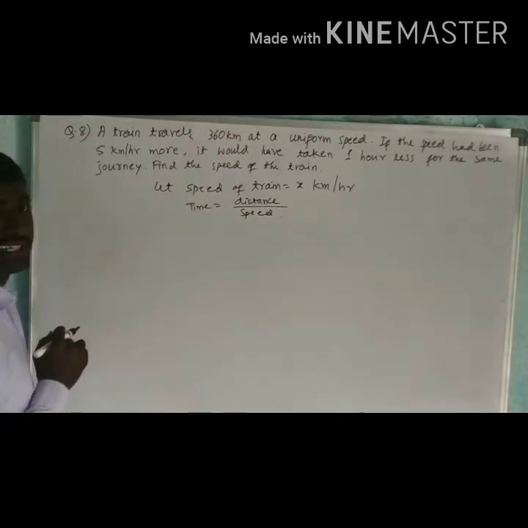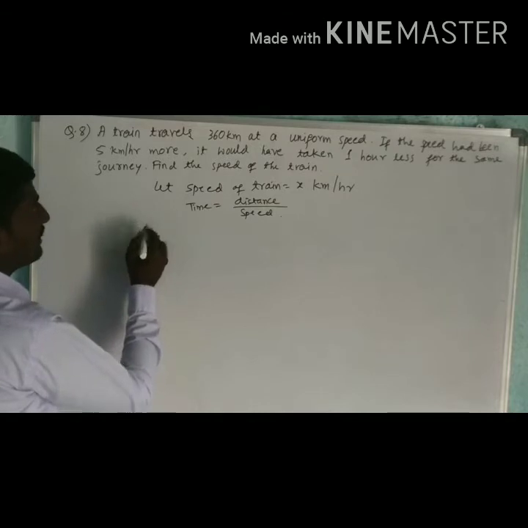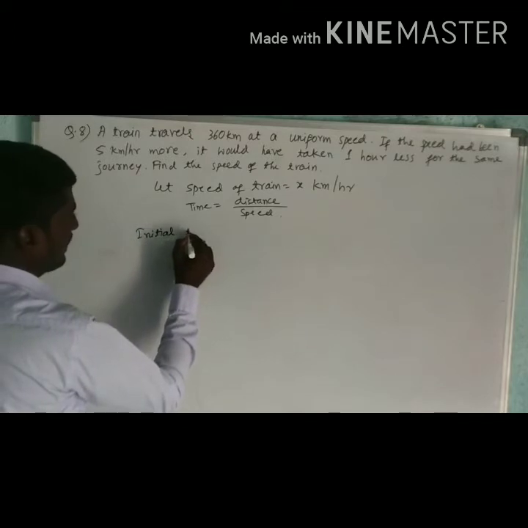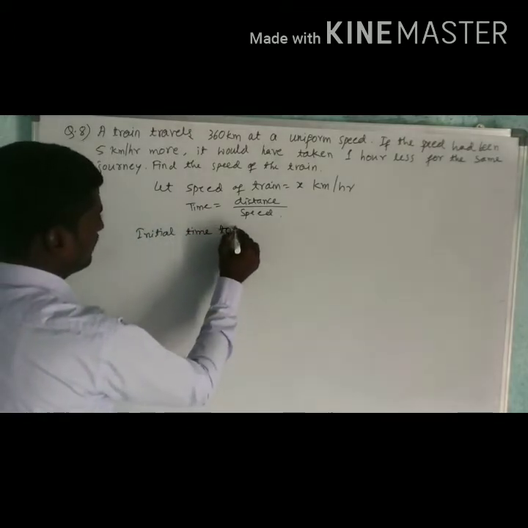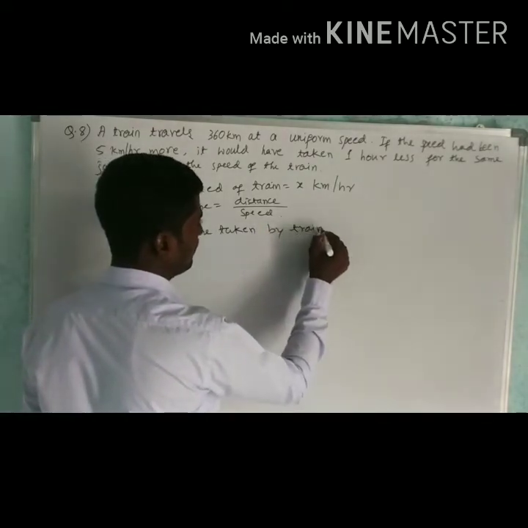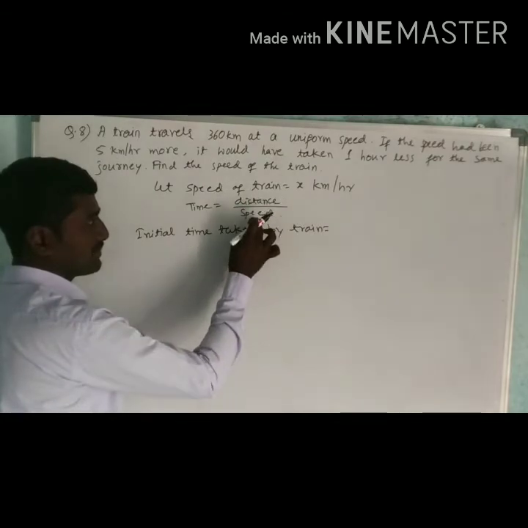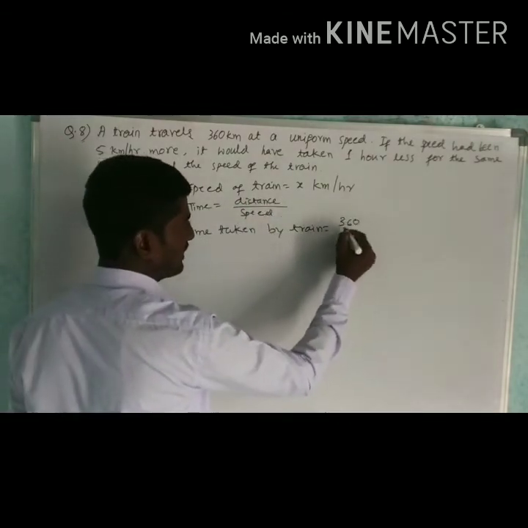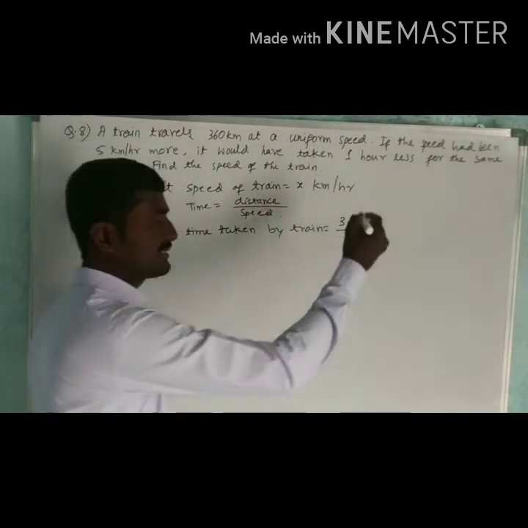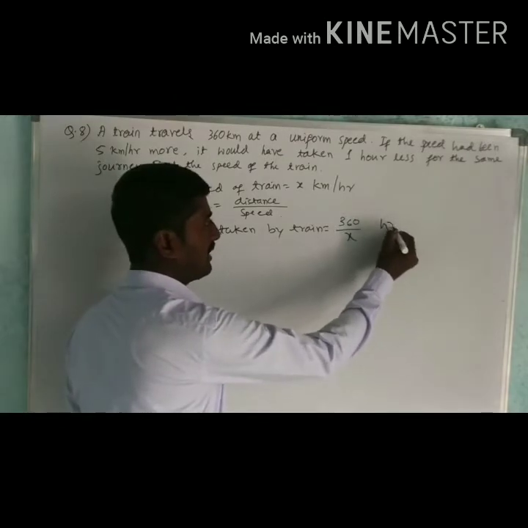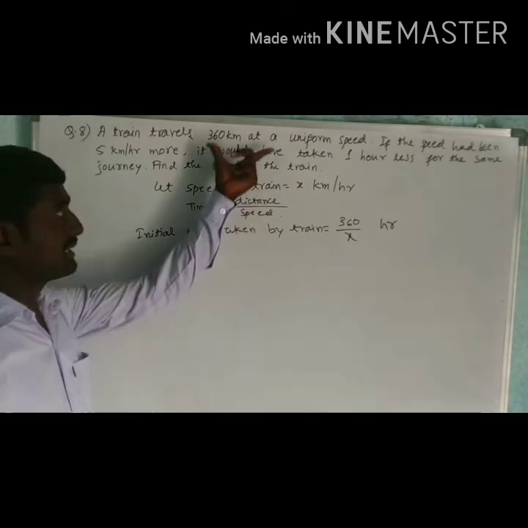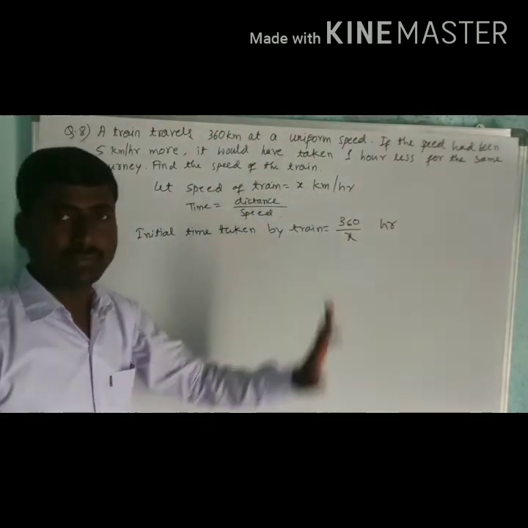Initial time taken by the train is distance by speed. Distance means 360 km it has to cover, moving with uniform speed. That speed I have taken as x. The unit I can write here as hour because it is a time. So time is nothing but distance by speed. So initial time taken by the train is 360 divided by x.